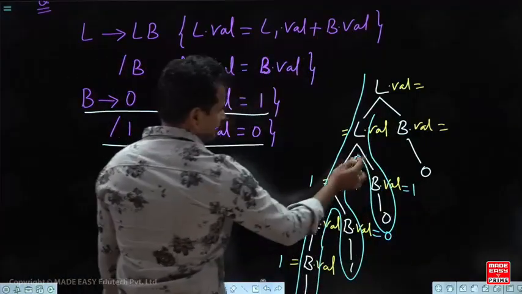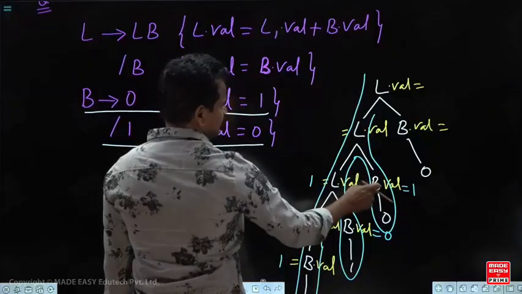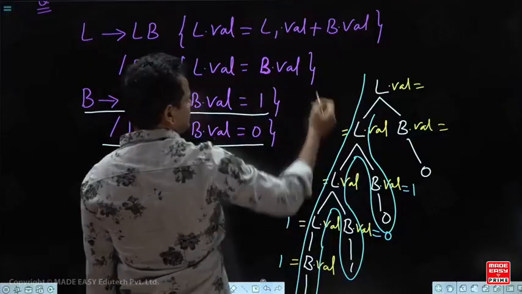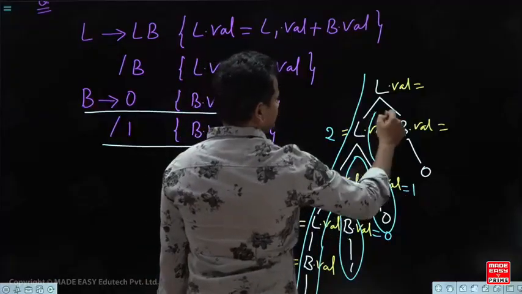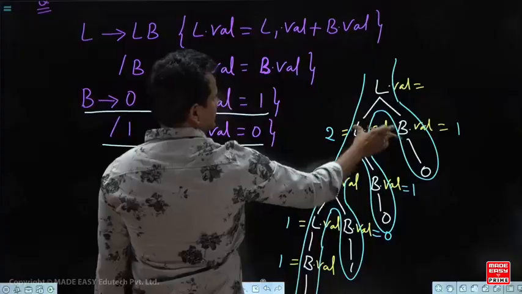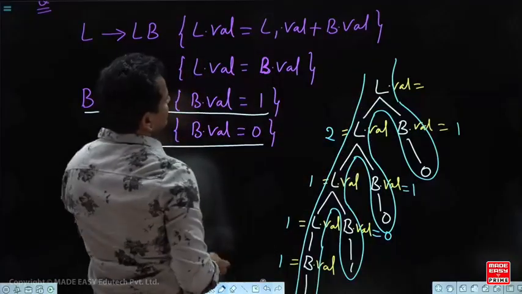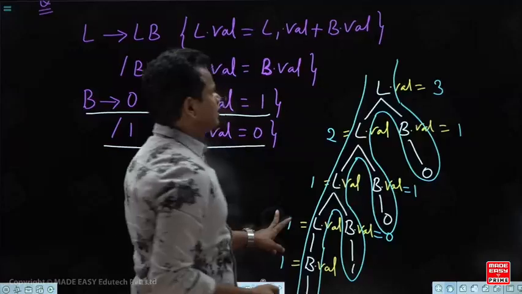Now come to here, LB is reduced to L. So this is L1, this is B. So L dot value equal to L1 dot value plus B dot value, 1 plus 1, 2. Next, B derives 0, it is 1. Then L derives LB, LB is reduced to L, L1 dot value 2 plus 1, 3. So the final output is 3.